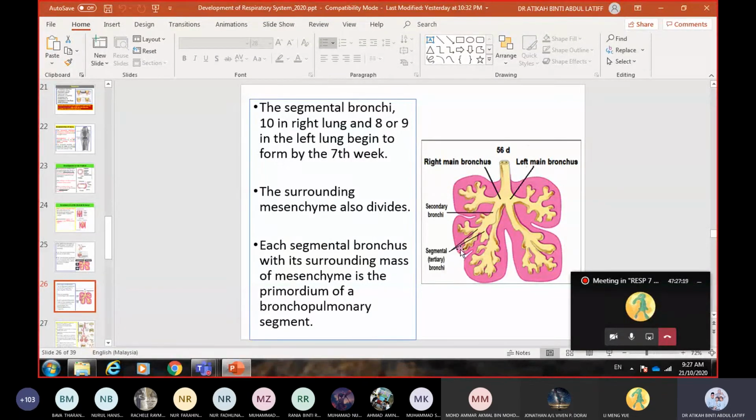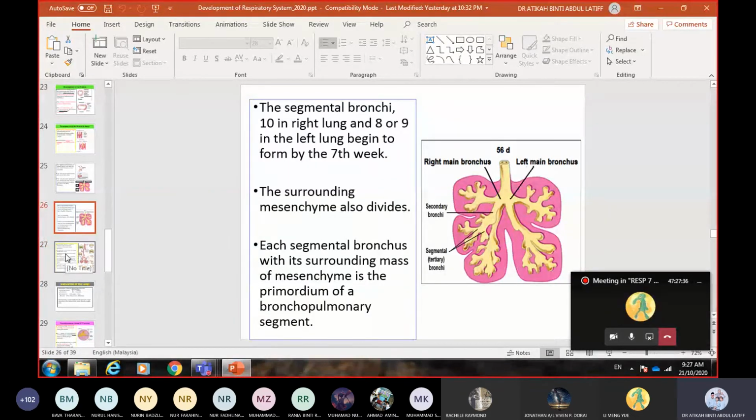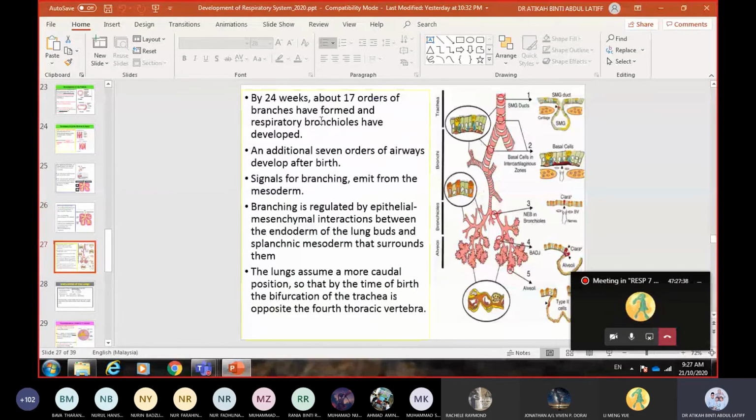Okay, the surrounding mesenchyme here in pink also divides together with the lungs. So by 24 weeks, this division just continues until birth.